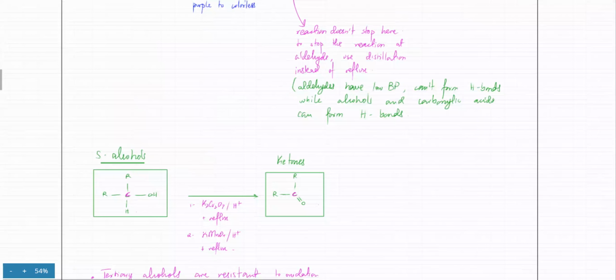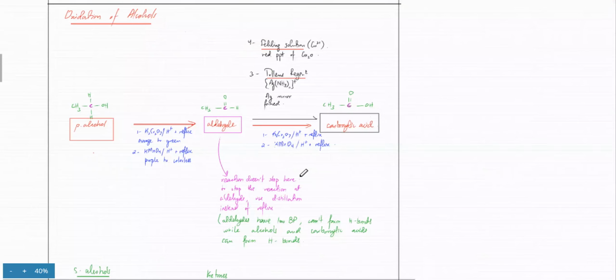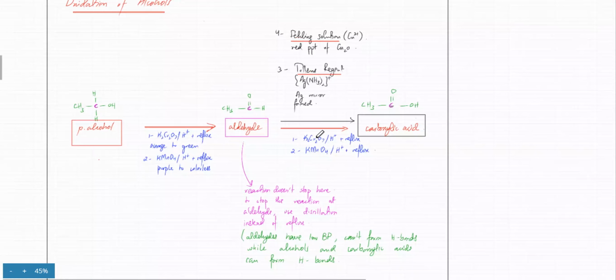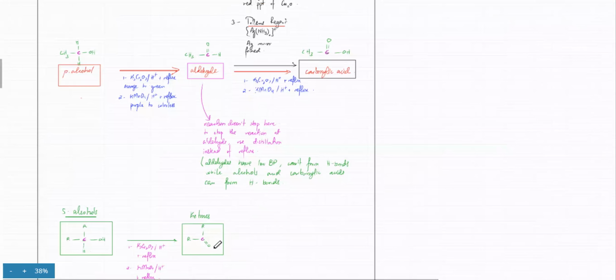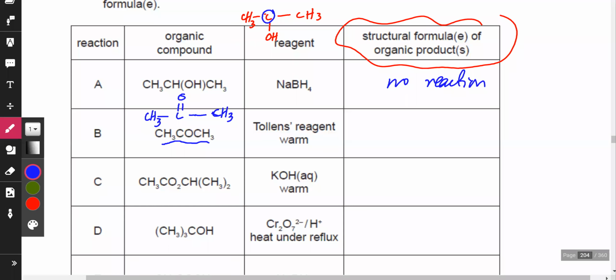Ketones don't undergo any oxidation. These four things, KMnO4, K2Cr2O7, Tollens, Fehling's, they were there to oxidize aldehydes. They don't oxidize ketones. Ketones are the product of oxidation. They don't undergo oxidation themselves. So over here as well, there's not going to be any reaction. Ketones are resistant to oxidation. No reaction.